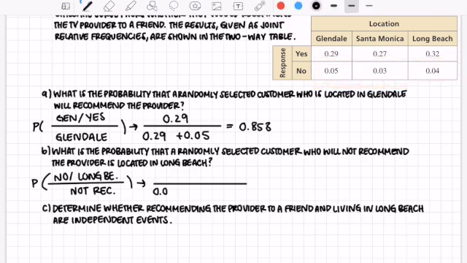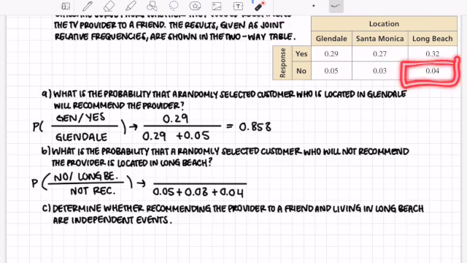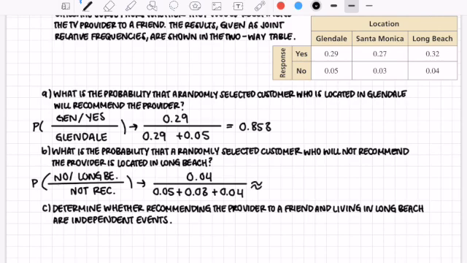So I'll add those together first. Plus 0.03 plus 0.04. And the top is the part where we get more specific. It was a no and it was in Long Beach, so it'd be 0.04. If I wanted to find out the probability, we get about 0.333. Done.